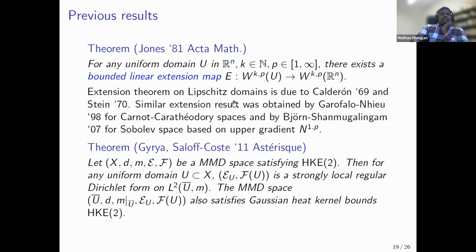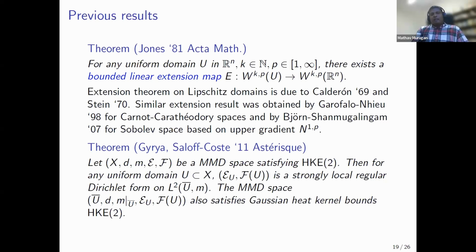And there are extension results on Carnot-Carathéodory spaces, and by Björn and Shanmugalingam for Sobolev spaces based on the notion of upper gradient. All these proofs more or less rely on the same kind of argument as Jones's proof in the Euclidean setting, and our proof also relies on the same methods.